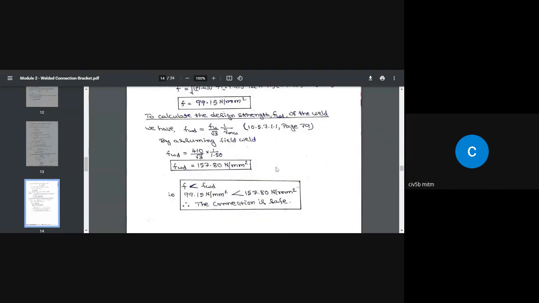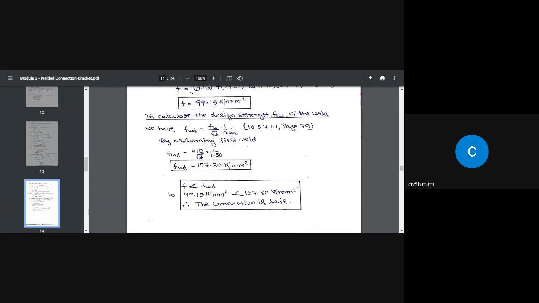Next, to check whether the joint is safe or not, we'll find out the design strength of the weld. So the design strength of the weld is equal to Fu by root 3 multiplied by 1 divided by gamma mw. So Fu is 410, root 3, multiplied by gamma mw. If nothing is given, assume whatever you want to assume. You can assume field weld or shop weld.